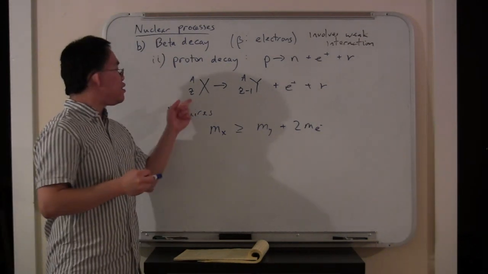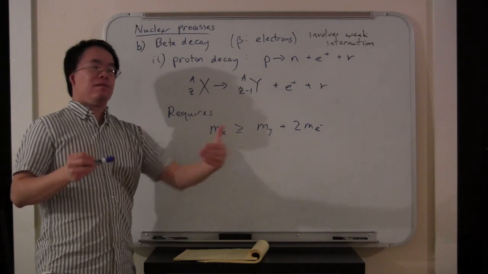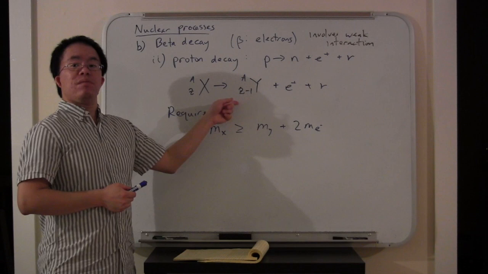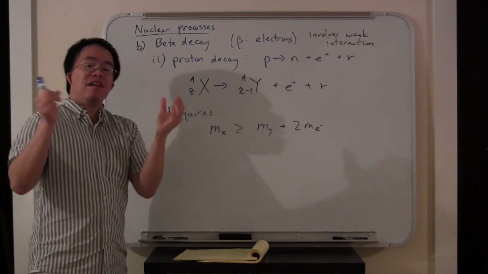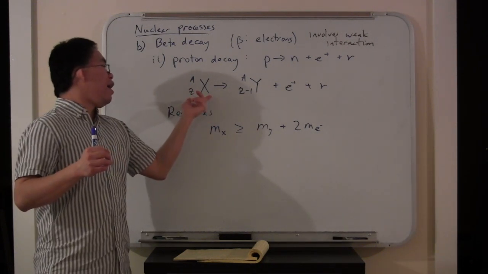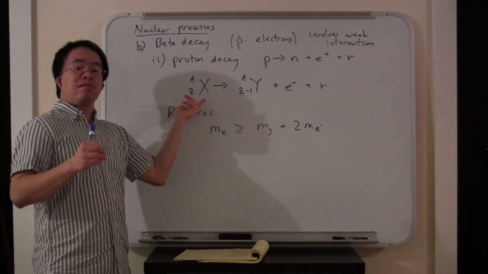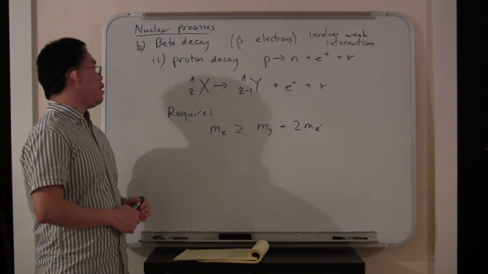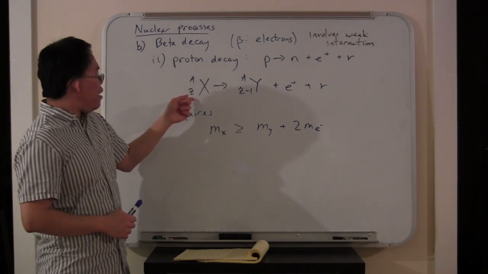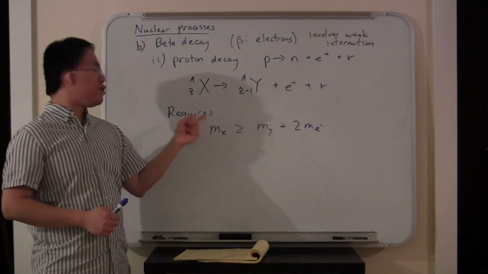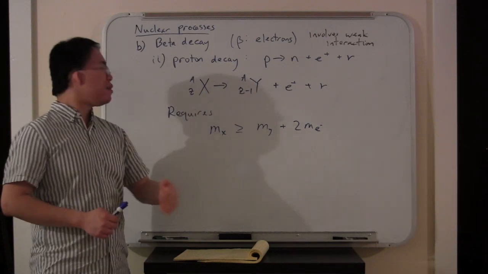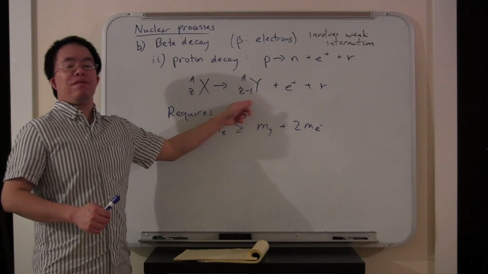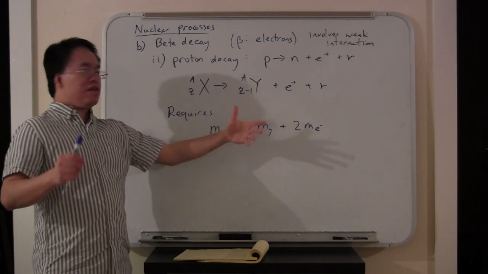So once again, like the neutron decay we had talked about earlier, this process does not involve any of the electrons that were initially outside the nucleus in our parent atom X. So if I undergo this decay process and I decrease my atomic number by 1, I still have the same number of electrons outside the nucleus.